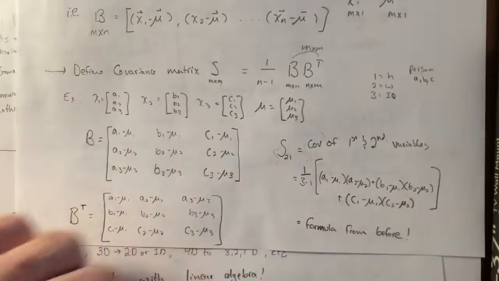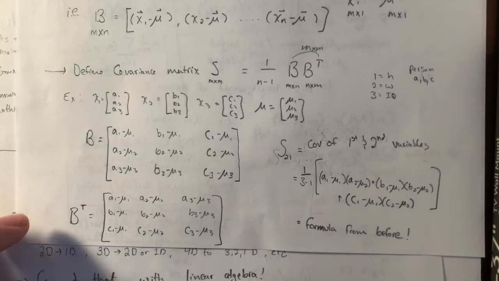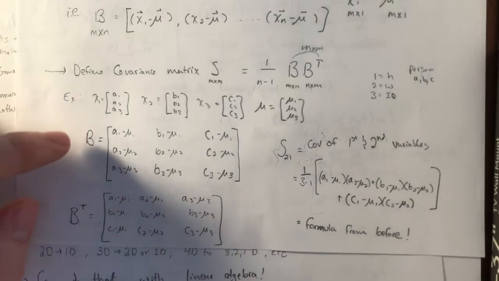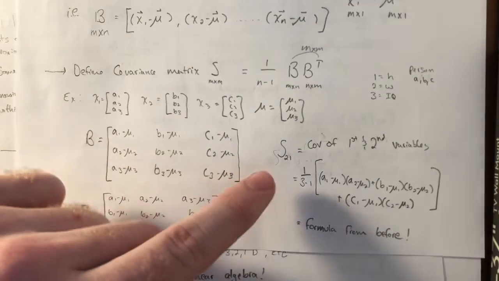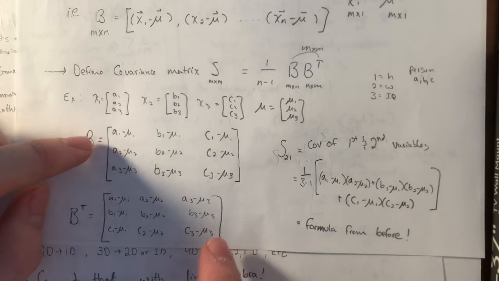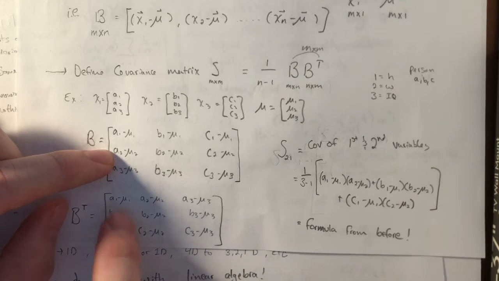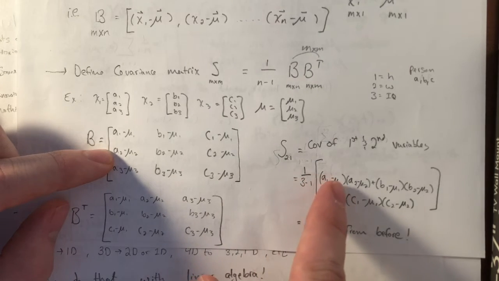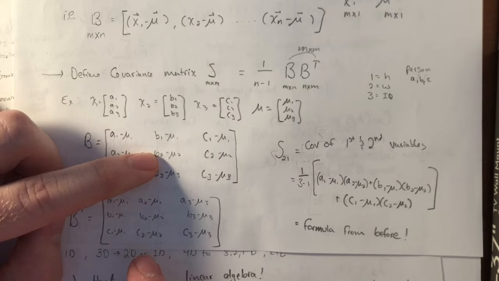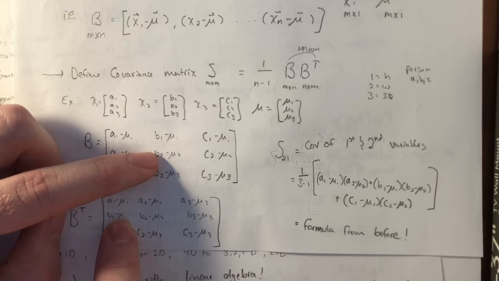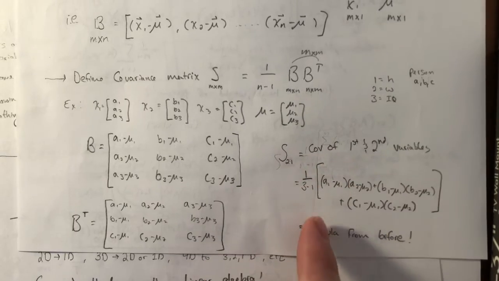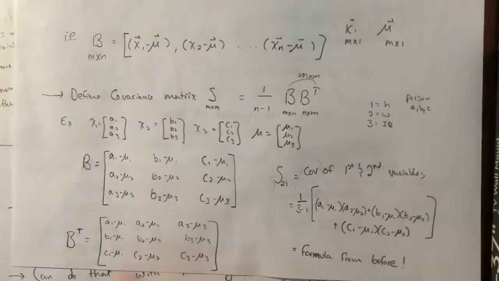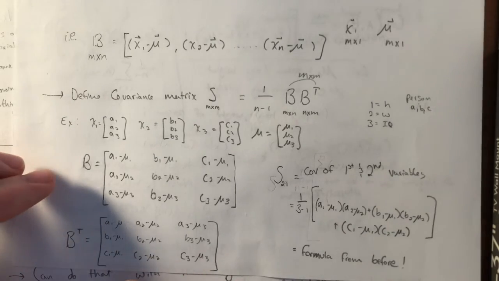That means we're going to have a matrix that displays how each variable varies according to other variables in our little example. So here's B transpose. Let's say we want the second row, first column. So matrix multiplication here. That'll be A2 minus mu2 times A1 minus mu1 right there, and then B2 minus mu2, B1 minus mu1, and then C1 minus mu1, C2 minus mu2. So if we put that over here, this will just be the covariance of those two variables, A and B.